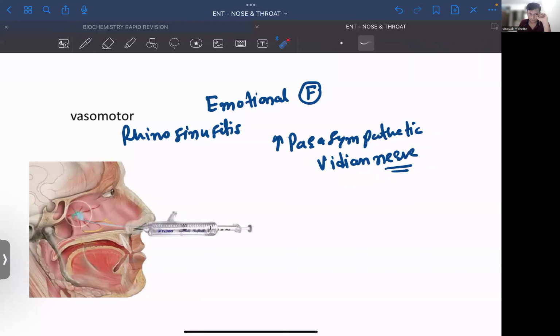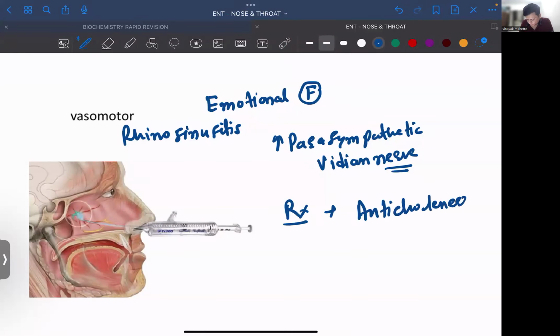So, what should be the treatment? First, tell that woman to stop being emotional, right? But of course, she will not. So, what can we do? Either give anticholinergics, correct? But the baby will not stop crying. So ultimately, what do we need to do?